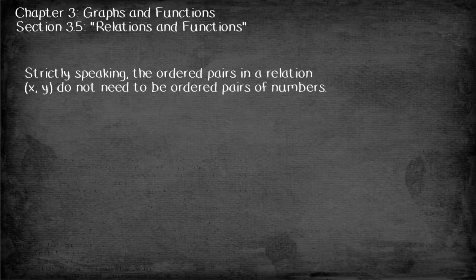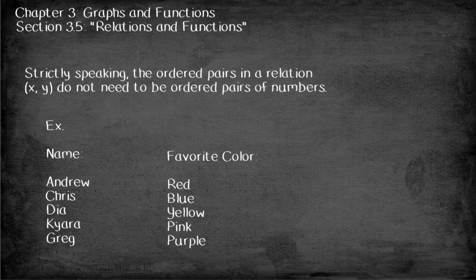Now, strictly speaking, when you're talking about ordered pairs in a relation, they don't need to be pairs of numbers. All right, so let's look at an example here where we have names on the left-hand side, and on the right-hand side we have colors. And so if there's an arrow going from a name to a color, that means that those two are in an ordered pair together.